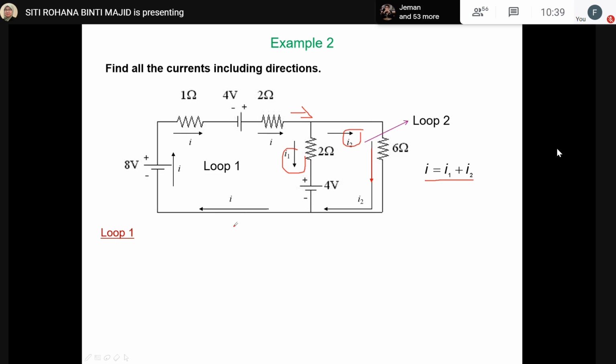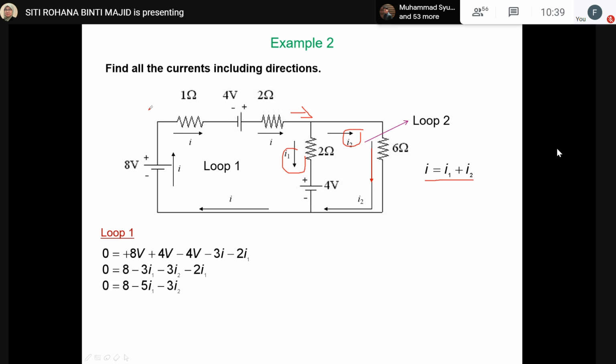So then for loop 1, we write the equation. We start with the power source, which is the battery. We start as positive, and this one falls at the negative terminal, so we add the 8 volt. Here it falls at the positive terminal, so we need to deduct it.